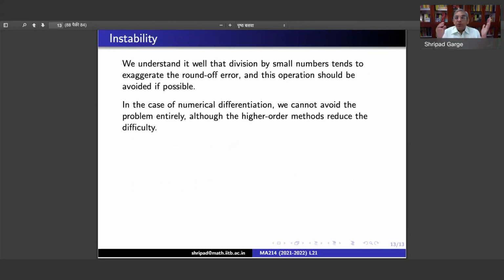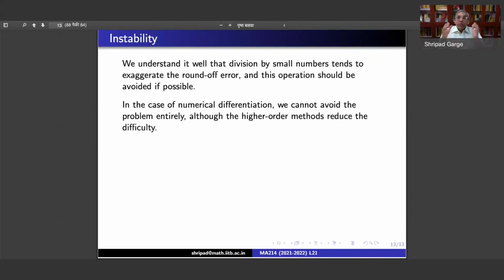You cannot avoid the problem entirely, although the higher order methods, so I'm not talking about the higher order differentiation, but the higher order by putting in more points, that will typically reduce the difficulty. Because what happens is that your truncation errors become small, and therefore with the same size of h, your truncation errors are almost negligible.